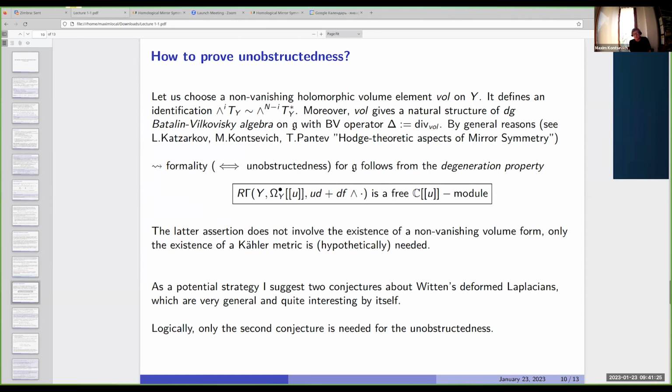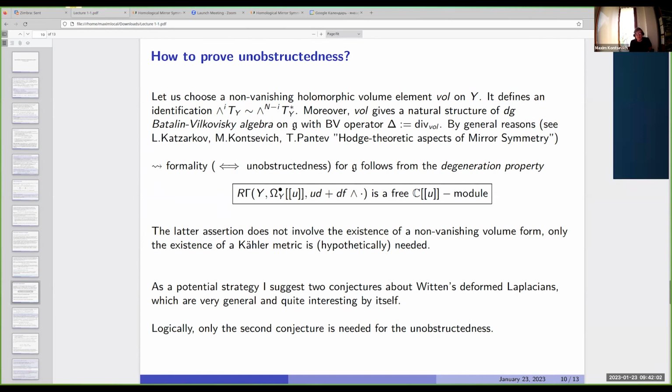And this degeneration property says that its space is a free finite rank module over series in u. Maybe, more precisely, truncate by some power of u, and you get really finite dimensional algebras and such modules. So this assertion, which you want to be true, no longer involves a volume element. You can forget that the variety has a volume element because it now uses forms instead of polyvector fields.